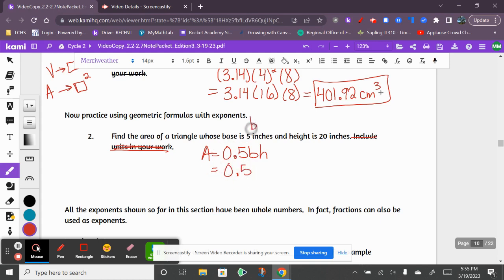The base is 5 inches and the height is 20 inches. So we're going to have 0.5 times 5 times 20. And we can just multiply all of that together. And we're going to have 50. And because it's going to be the area, it's going to be inches squared.